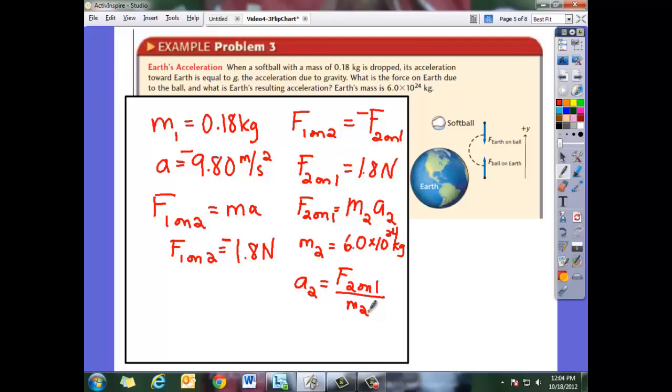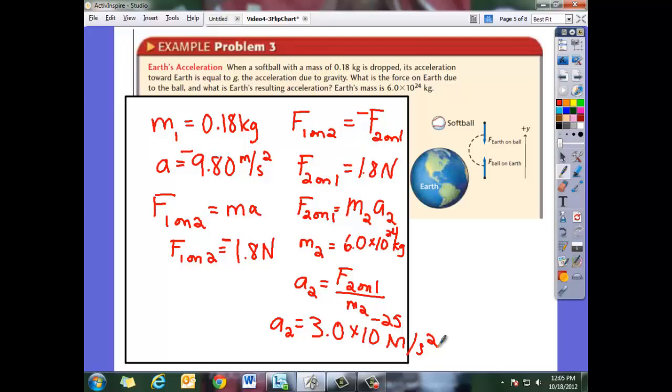So I take 1.8 newtons, I divide that by 6 exponent 24. In my calculator that gives me the acceleration of the Earth towards the softball, and I need again two significant figures, 3.0 times 10 to the negative 25th meters per second squared.